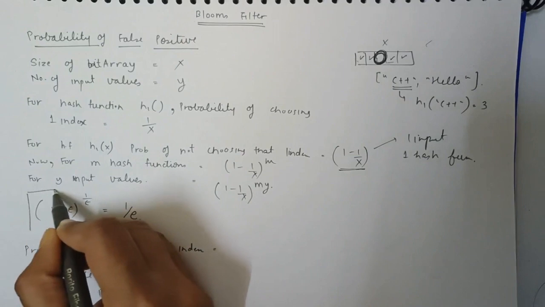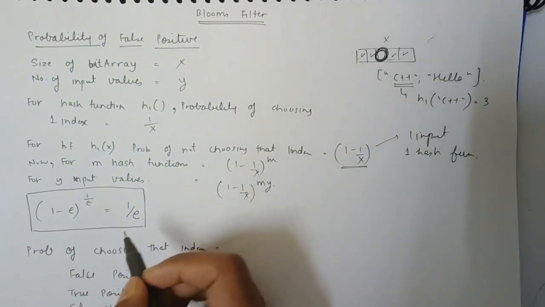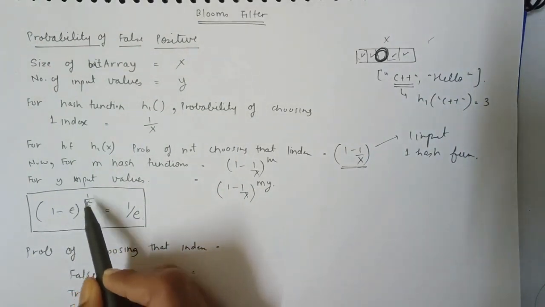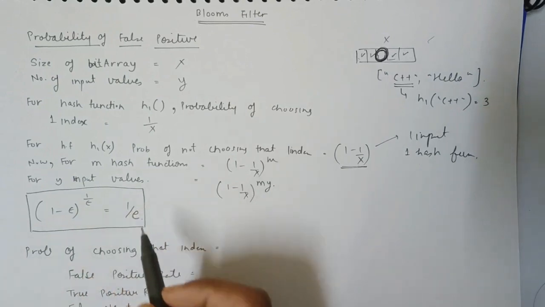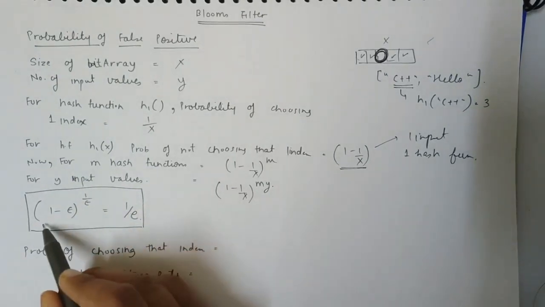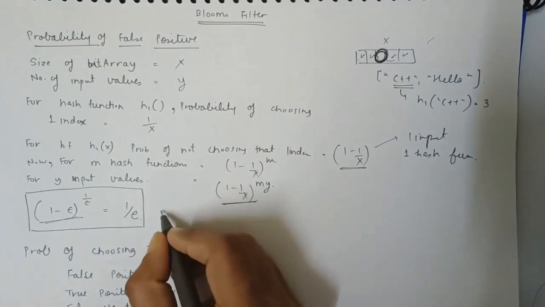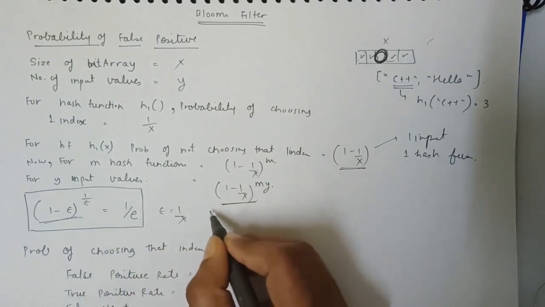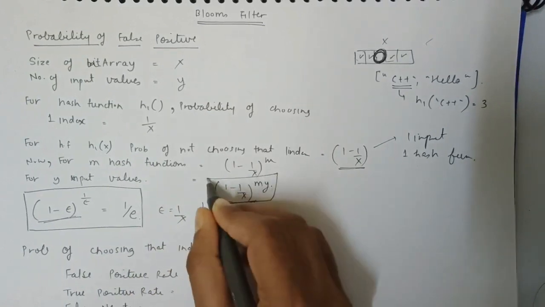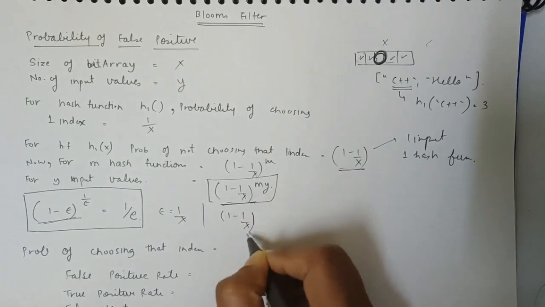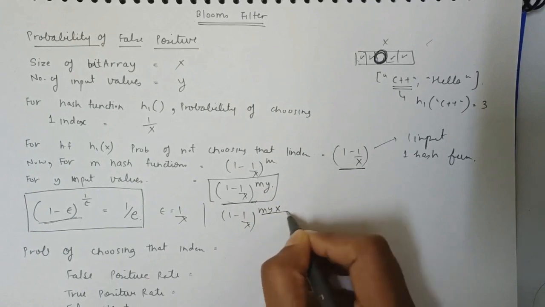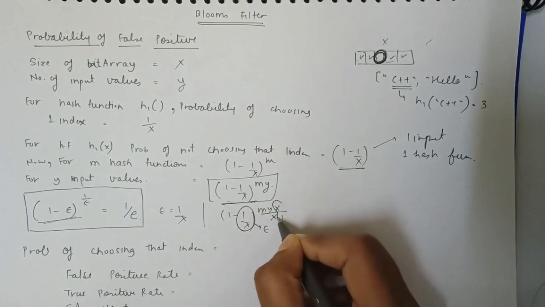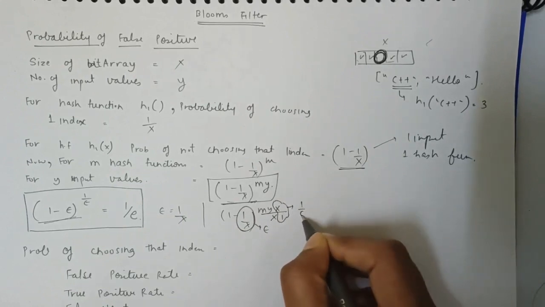There is a mathematical formula that says that (1 minus epsilon) raised to the power 1 upon epsilon is equal to 1 upon e. If we compare this with our formula, we can conclude that if we take epsilon as 1 by x, then multiplying the power by x up and down, we can take this as epsilon, and this as 1 upon epsilon.